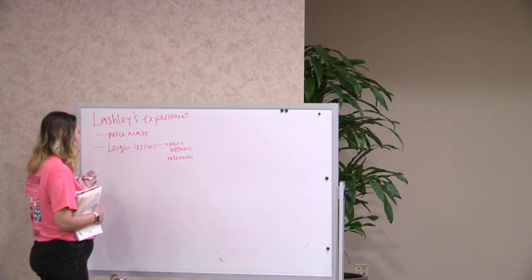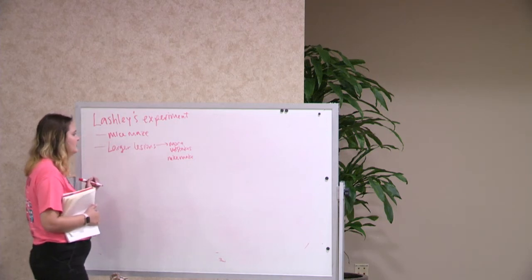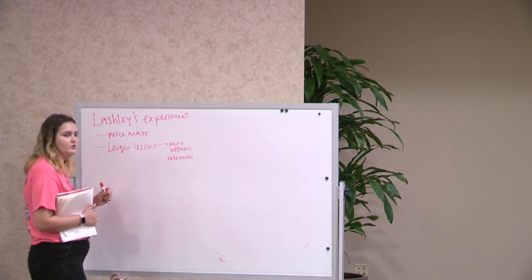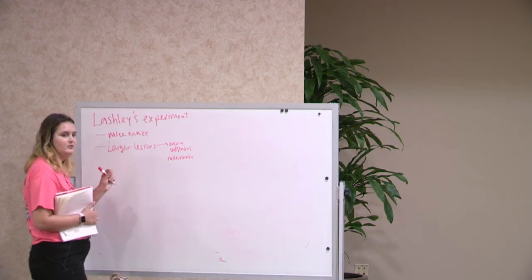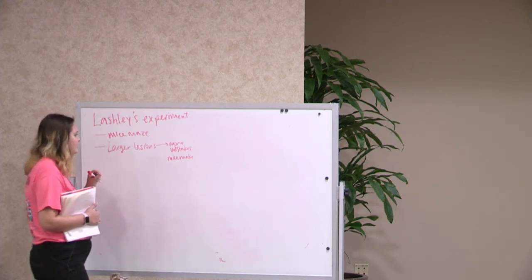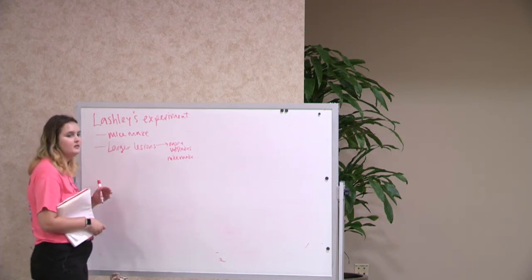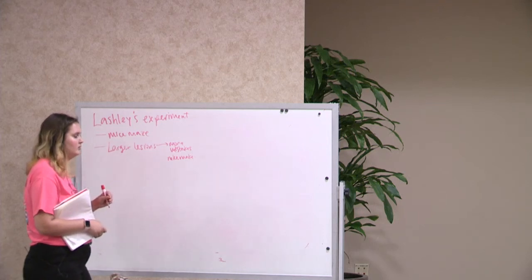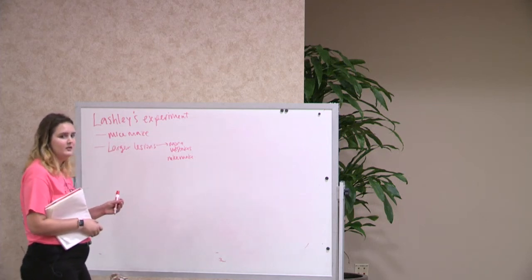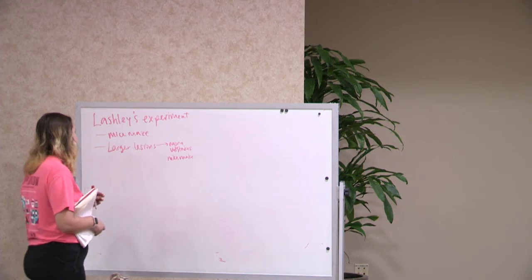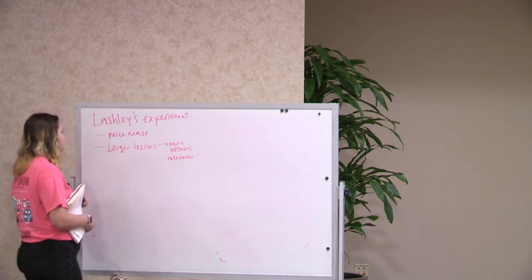But at the same time, he didn't say it was a specific region, which we know now, that there are different regions of the brain that affect different areas. So all he said was that size correlates with more mistakes. The more he cut out, the more mistakes they would make compared to a smaller lesion. So that was Lashley's experiment.